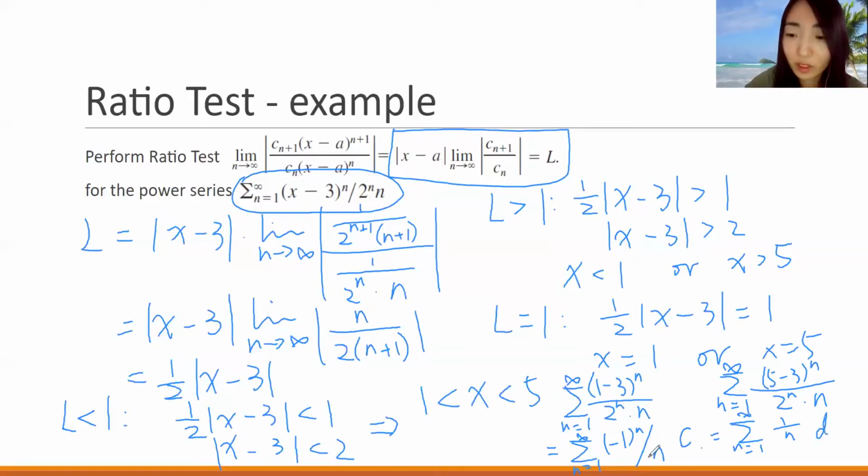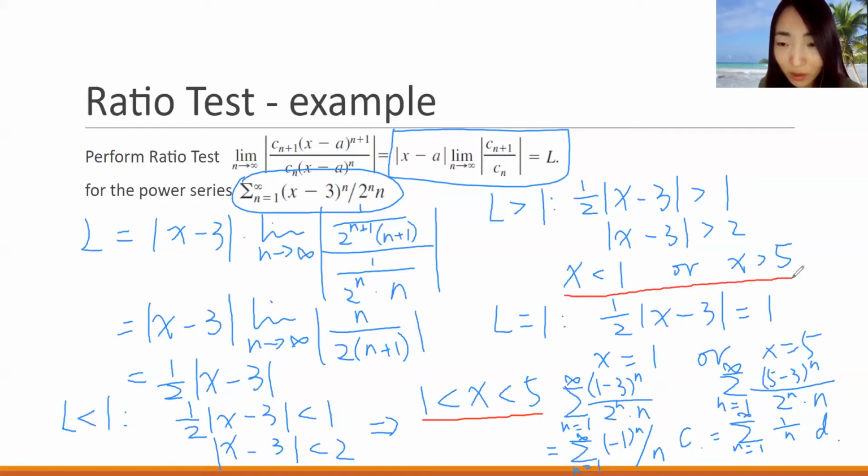So to conclude, after performing the ratio test on this power series, we first find there are 3 different cases. Inside of this interval, it converges absolutely. And if we're in these 2 intervals, the series diverges.